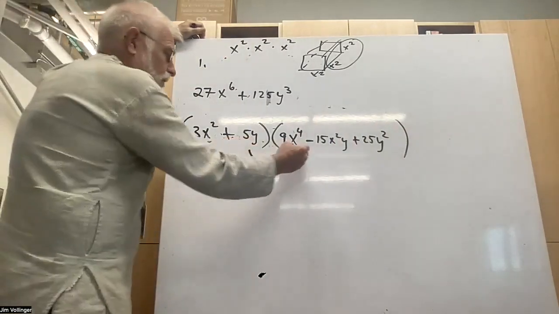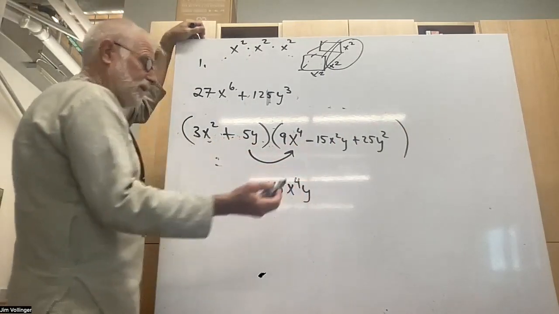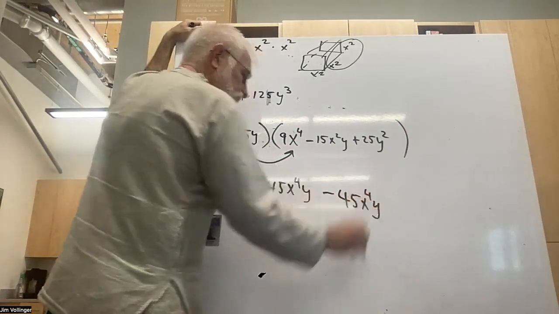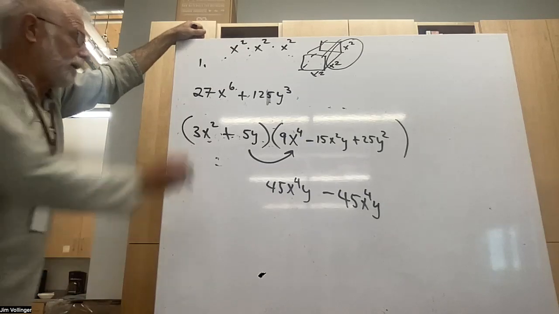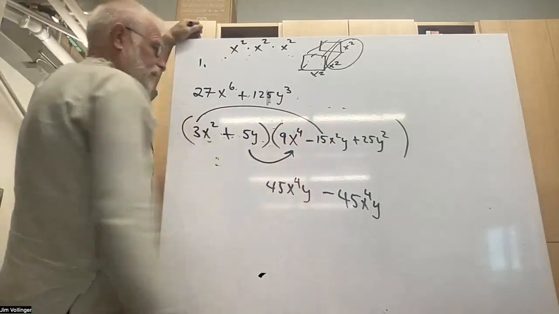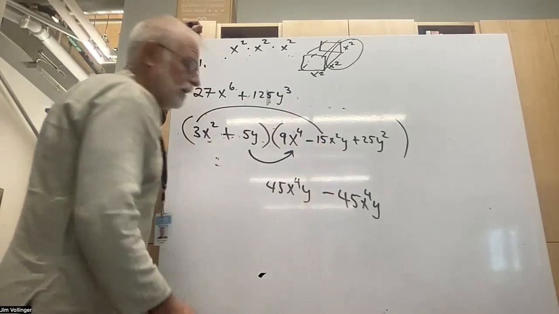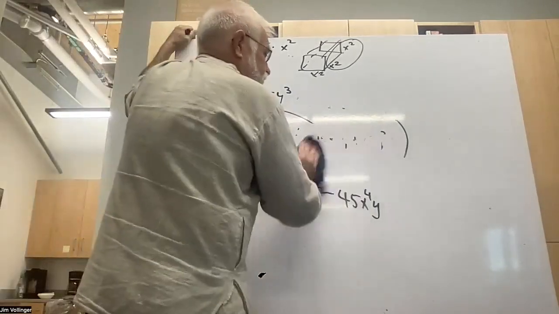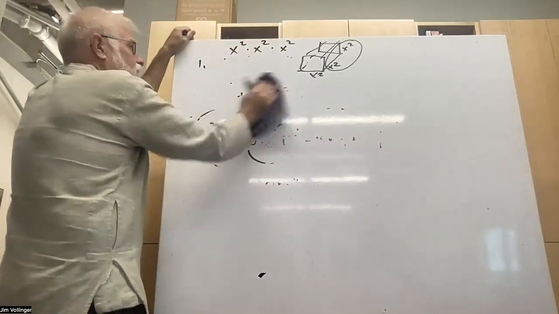We'll just look at 2 of them right here. That's 45 x to the 4th y. There's got to be a minus 45 x to the 4th y. Let's see if you can spot it. Gee, I think it's right here. I think 3 times minus 15 is minus 45, and x squared times x squared is x to the 4th, and we got a y. Yeah, so there's another cancellation of 2 terms in there. You can go look for it. All right, it's that problem.